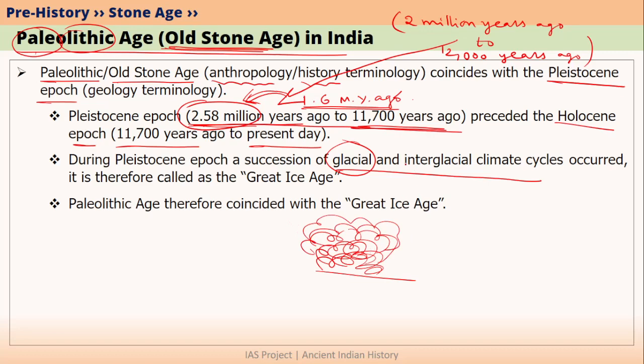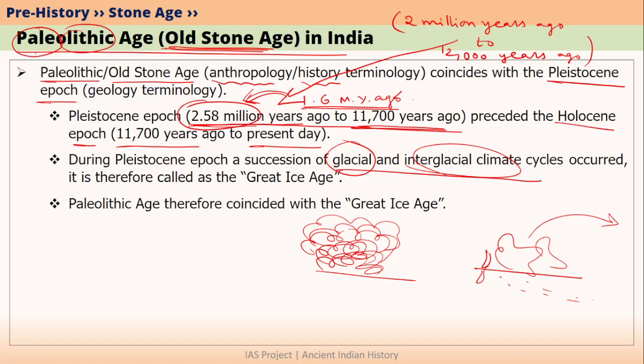And during the interglacial cycle, the climate became warm, so these glaciers started to melt and rivers flowed. And then after this, again a glacial cycle came, and again forming of glaciers, melting of glaciers. These things continued a number of times during Pleistocene epoch, because this happened over 2.6 million years of time.